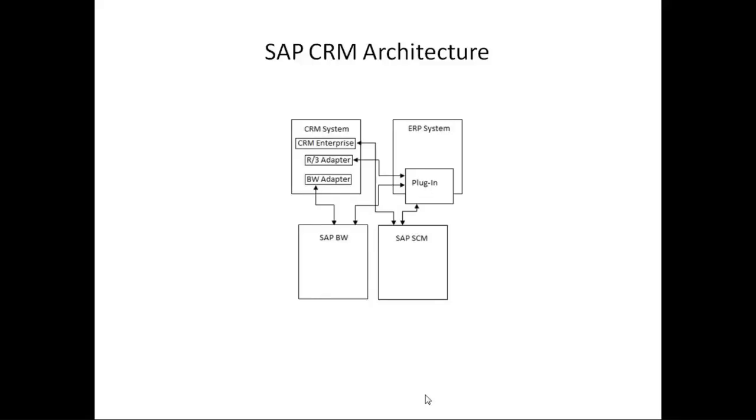And moving on to SAP Supply Chain Management component, this performs the functions in order to confirm the orders placed. The SAP Business Warehouse, that is Business Information Warehouse, is used as a data source for parts of the SAP CRM solution and also contains data for consolidation and analysis.